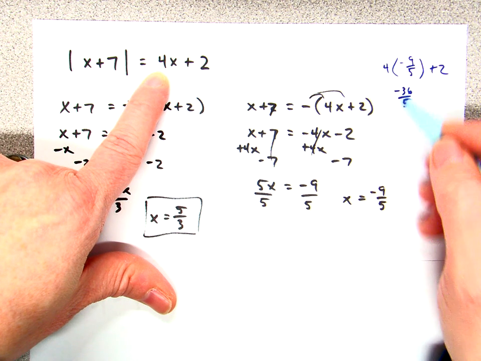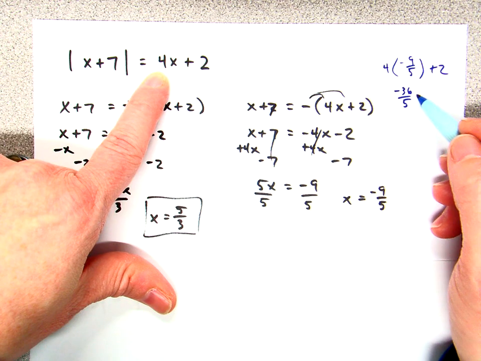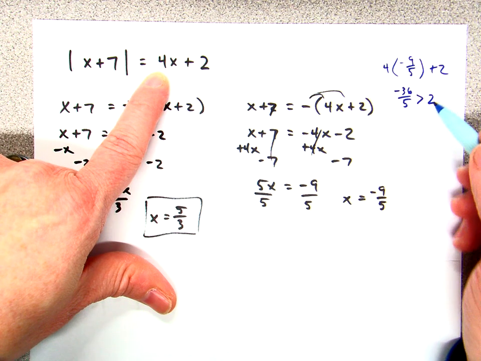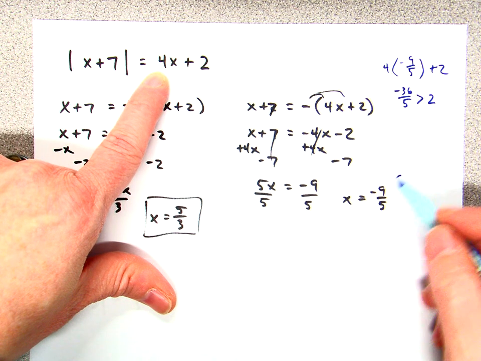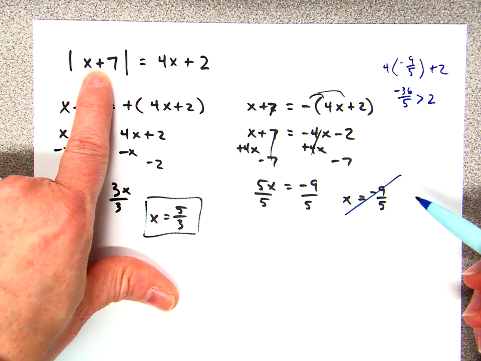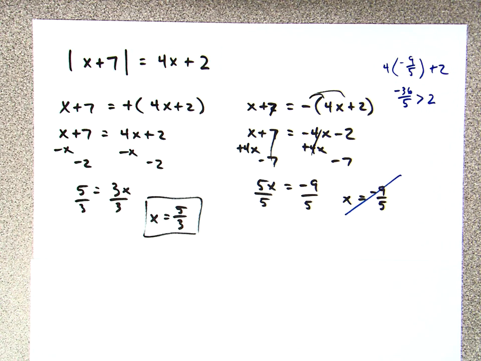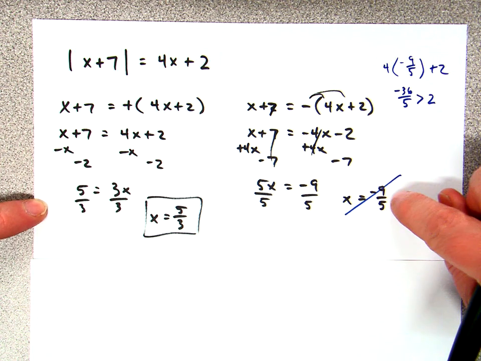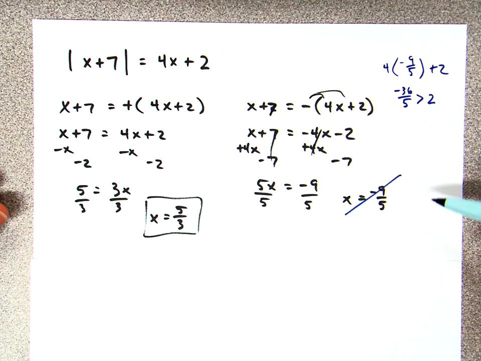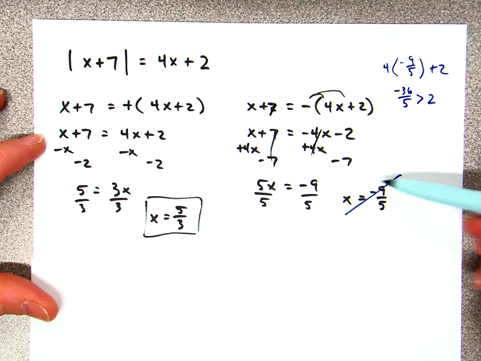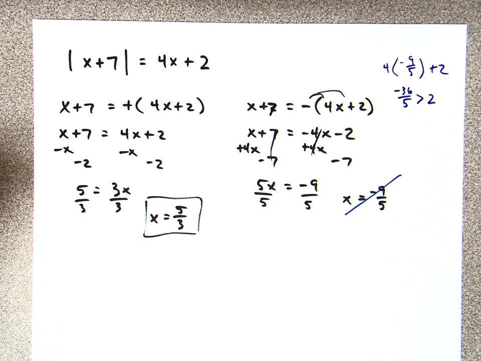I mean, 10 over 5 is negative 2, so he's definitely bigger than 2, so he's going to be negative, which means we can't have him because the absolute value is going to be equal to a negative number, and that can't happen. Right? So we only got one answer there, even though there were 2 feasible answers. That's an extraneous solution. Our math, our algebra worked it out, but it doesn't actually work, right?